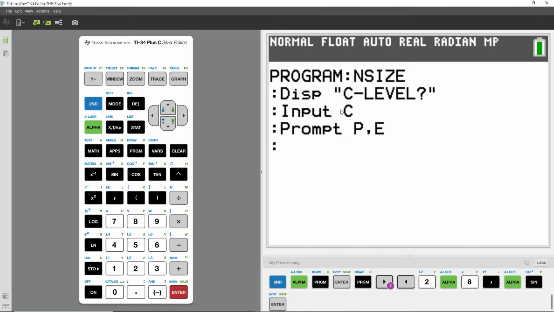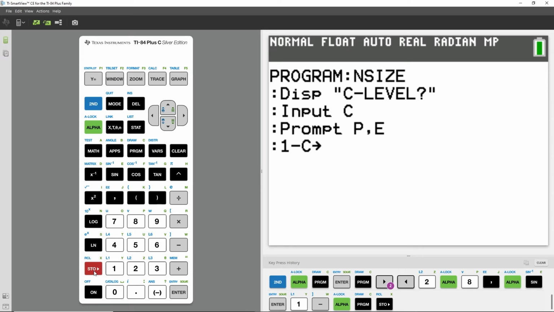So once we have the confidence level, we actually have to subtract. We have to convert it to alpha. So we're going to do 1 minus the alpha C, and we're going to store that in A. And then the next thing we got to do after that is actually take A divided by 2.